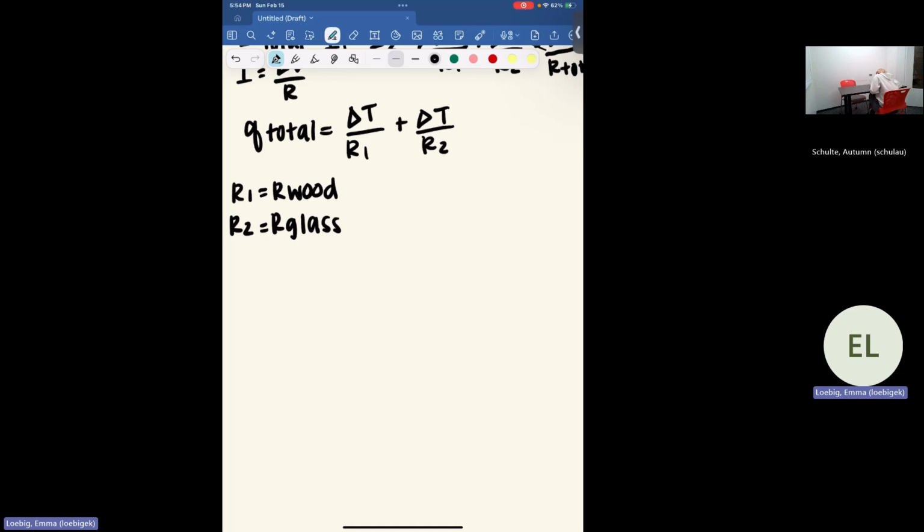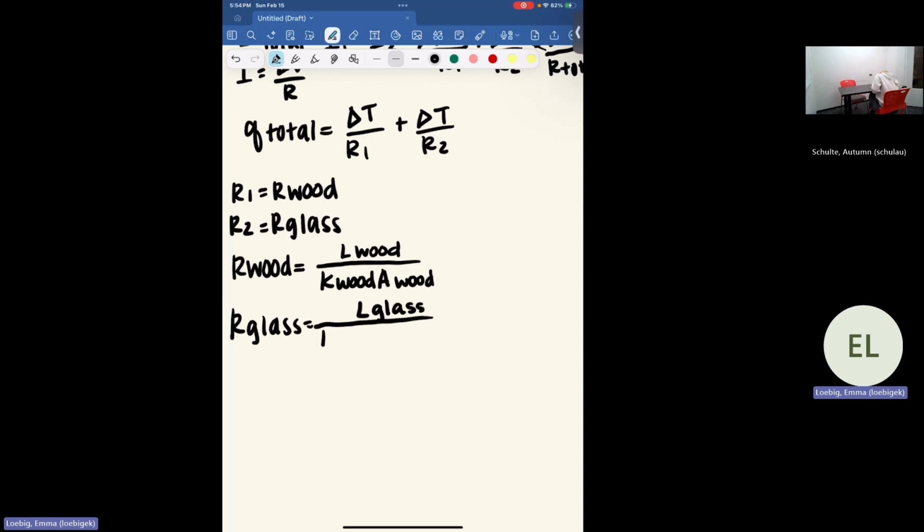So our resistance of the wood is equal to the thickness of the wood divided by the thermal conductivity of the wood multiplied by the area of the wood. Likewise, the thermal resistance of our glass is equal to the thickness of the glass divided by the thermal conductivity of the glass multiplied by the area of the glass.